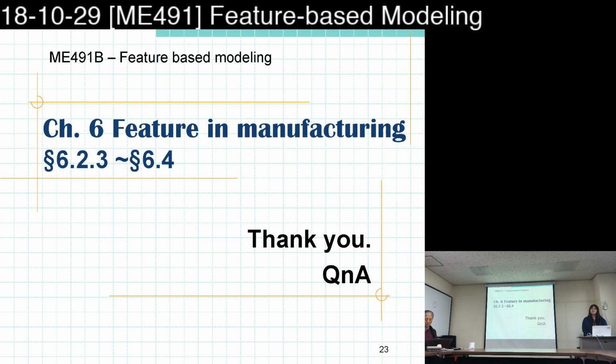How similar do the parts have to be to be classified together as a family? GT code? Yeah. How similar do they have to be? Assuming two parts are rotational, they have the same code one.